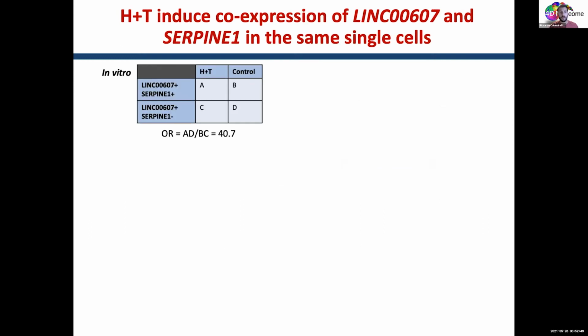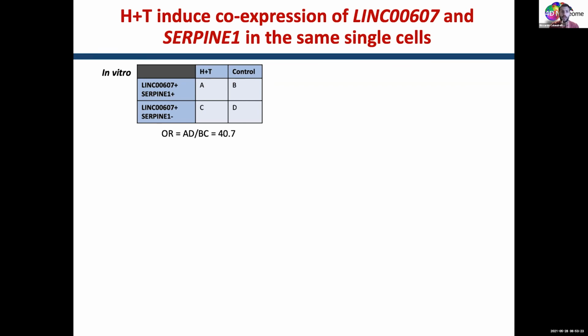One last step was to reuse our single cells as an alternative approach for testing this emergent regulatory link between LINC00607 and SERPINE1. Very simply, we thought that if LINC00607 RNA promotes the transcription of SERPINE1 in dysfunctional cells, we should expect both of these genes to be co-expressed more in cells at day 7, the dysfunctional cells, compared to control cells.